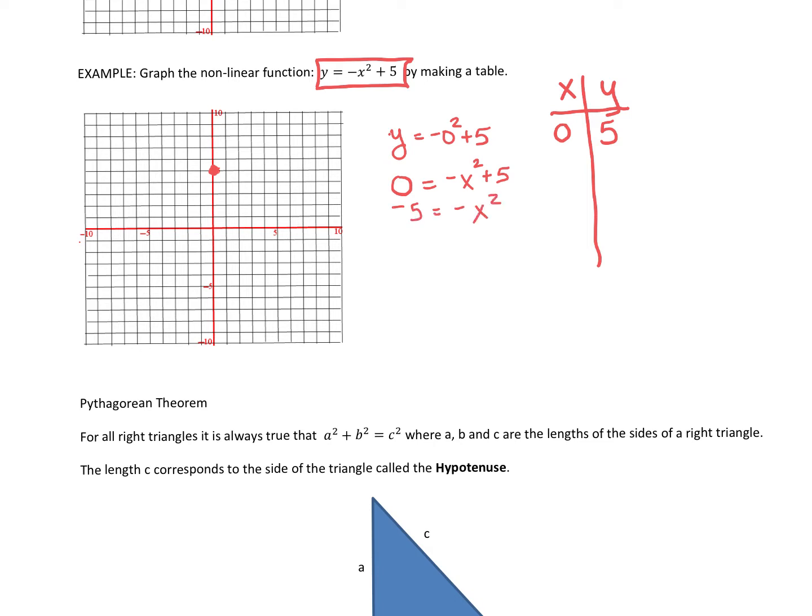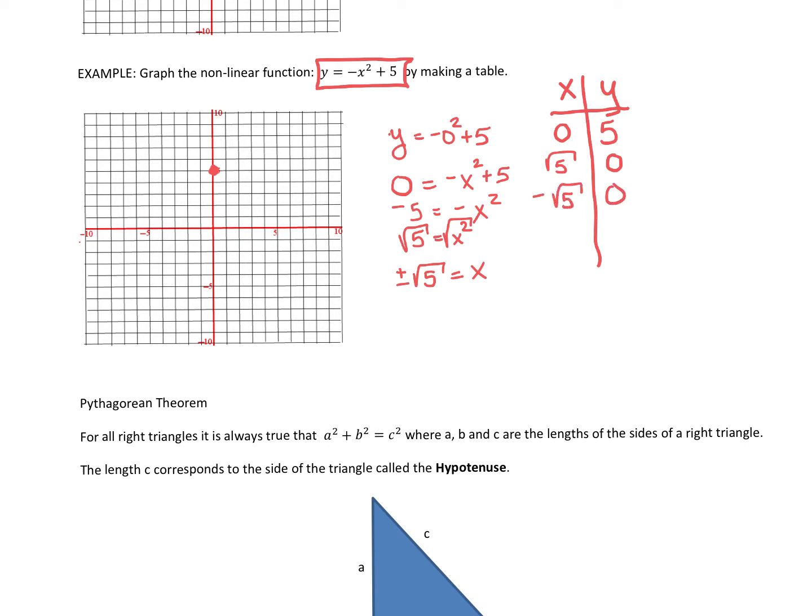I will divide by negative 1, so I'll get 5 equals x squared, and then I will take the square root of each side. Now when I take the square root, I have to take both the positive and the negative square root of 5. So I actually get two values here. If y was 0, I get root 5 or negative root 5.